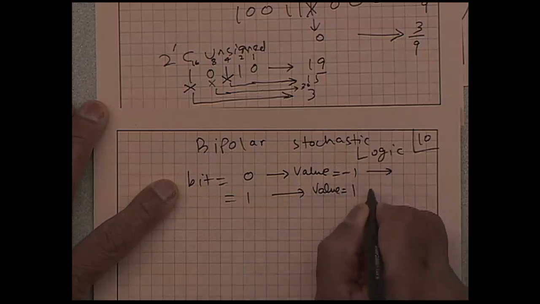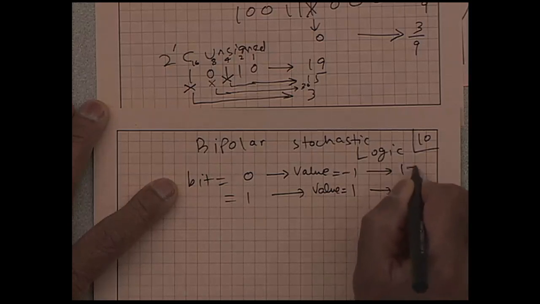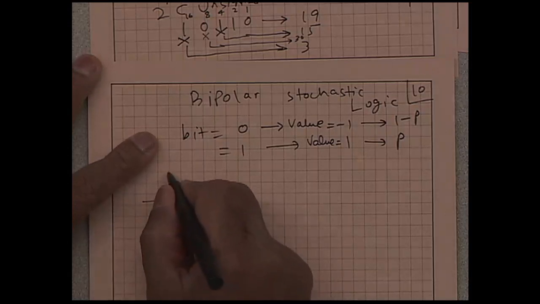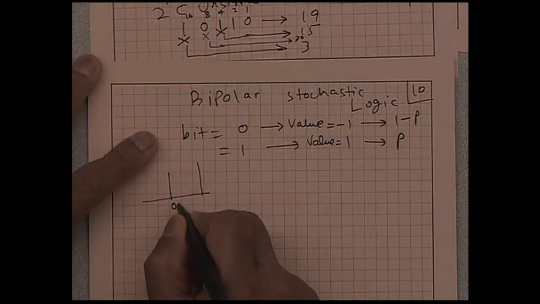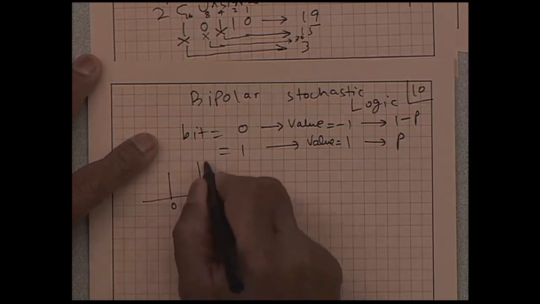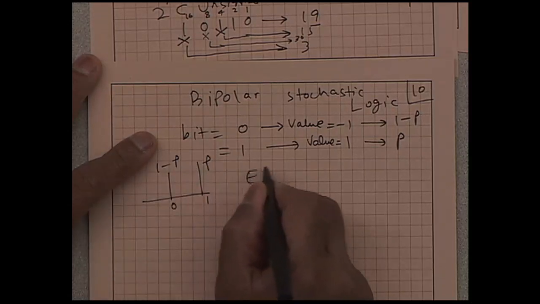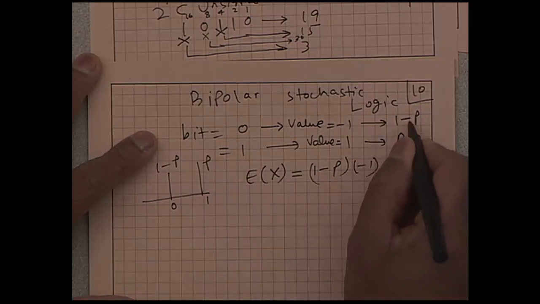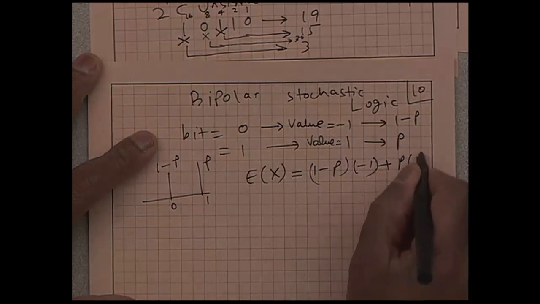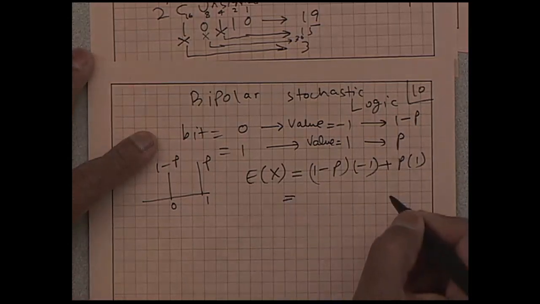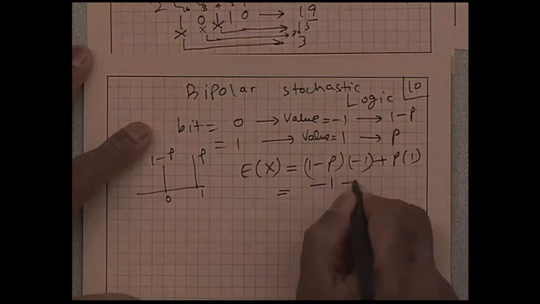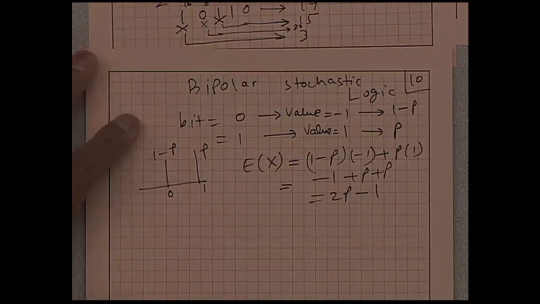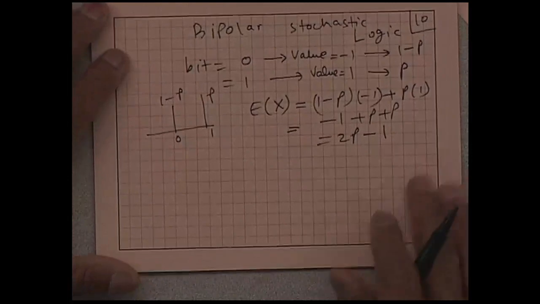And the probability here is 1 is p, and this is 1 minus p. So the expected value of the number x is going to be probability 1 minus p times -1 plus probability p times 1, and that's going to be -1 plus p, and that's exactly what we talked about, which is 2p minus 1.